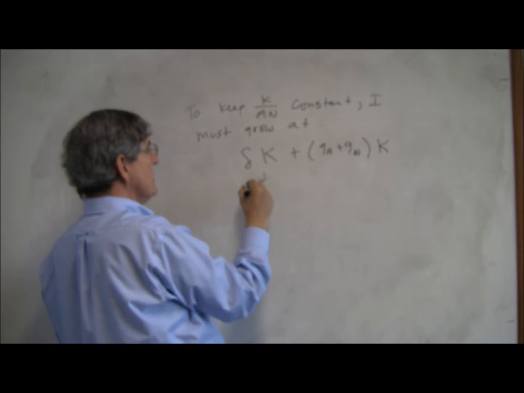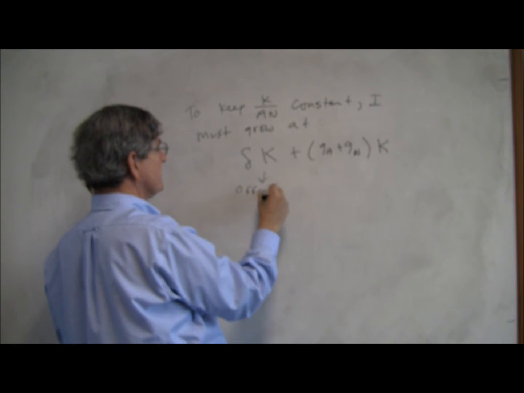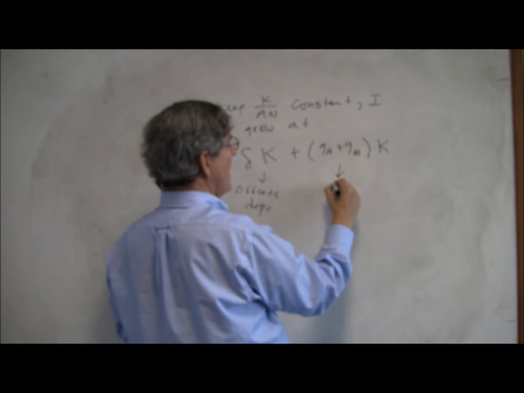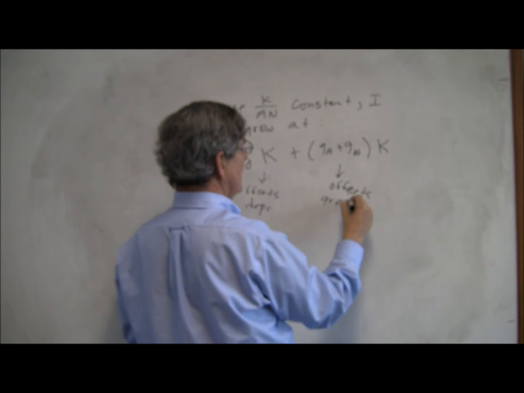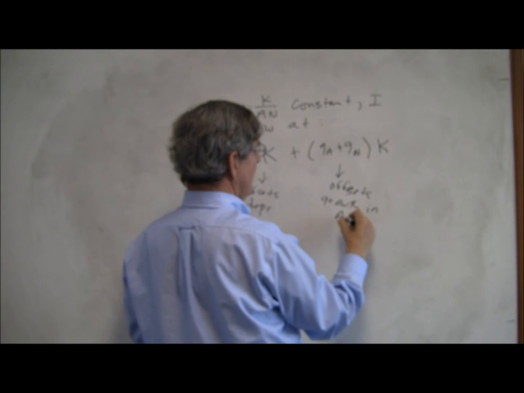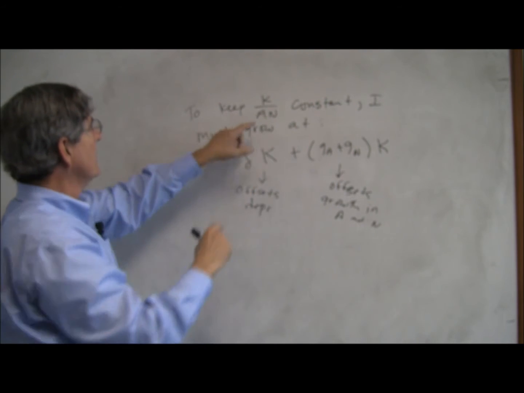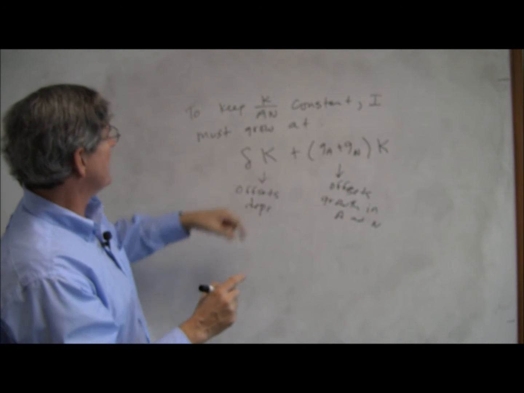So this offsets depreciation, and this offsets growth in A and N. It's actually A times N here. So if those are growing, this has to grow. And if this is falling, it has to grow to make up for the depreciation.